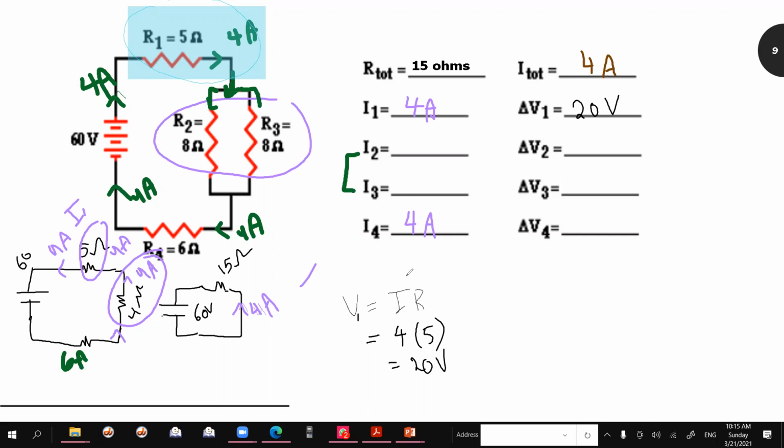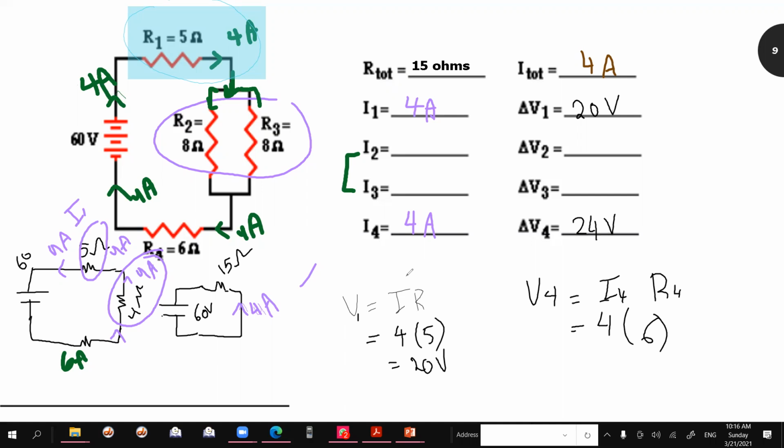And I can find V4 because I have I4. So now I4, where is I4 here? It's 4. And R4 is 6. So that means the voltage at V4 here is 24 volt.